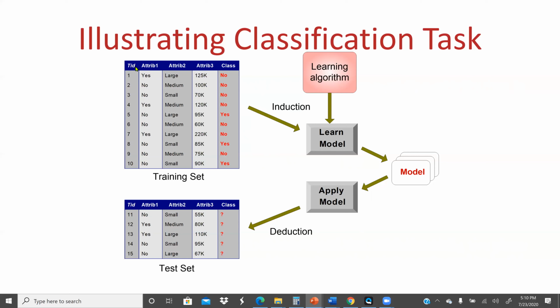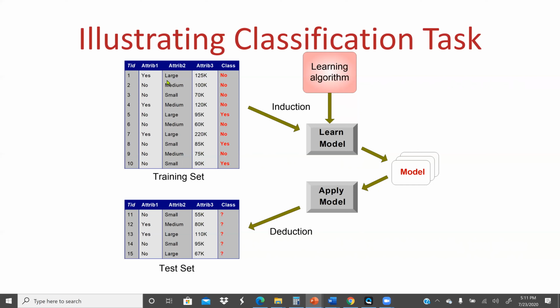But we have a tax ID. The goal of the tax ID is to uniquely identify each record. We know that attributes 1, 2, and 3 most likely will determine the class, whether we cheat or not. The first attribute is, are we married, yes or no?